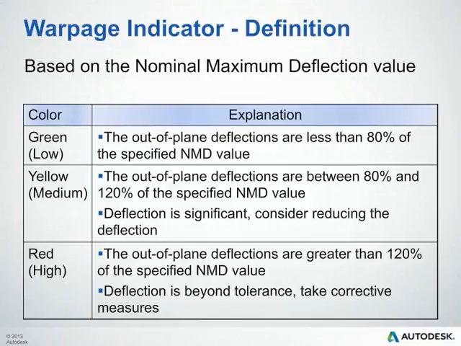If it's yellow, it's between 80% and 120% of that value, so you might want to keep an eye on these areas. Red means that those deflections are greater than 120%. So it's definitely beyond your tolerance, and you likely need to take corrective actions or measures to satisfy your modeling and design requirements.